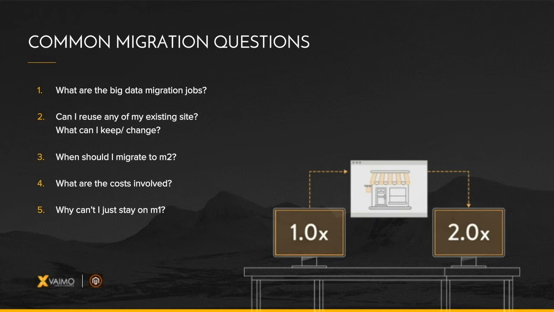Thirdly, when to migrate. So it's definitely time to start at least thinking about planning this move. And one important factor to consider is finding a solution partner that will have the capacity to actually help you in time and to meet those requirements. At Vaimo, we see discoveries can take anything between 4 to 6 weeks, and the build can be anything from 3 months upwards.